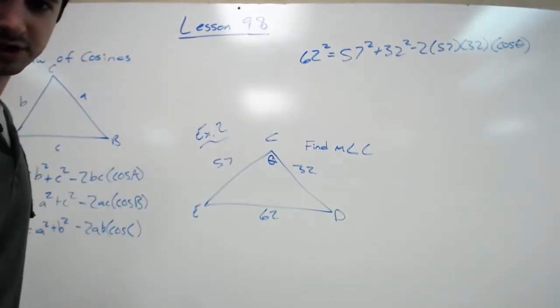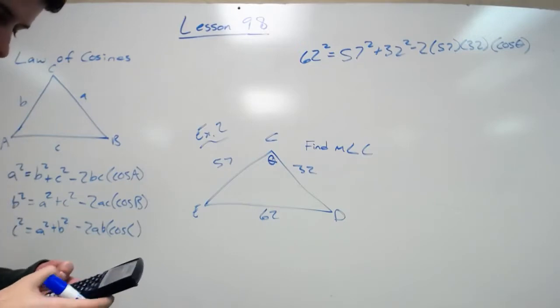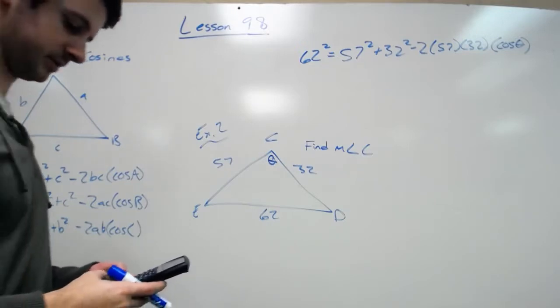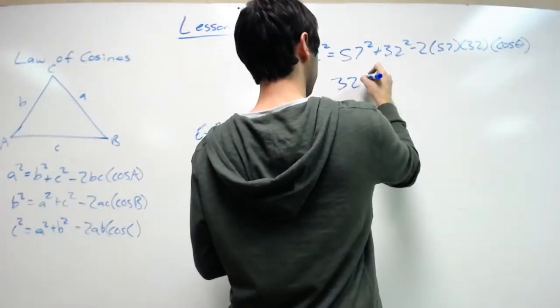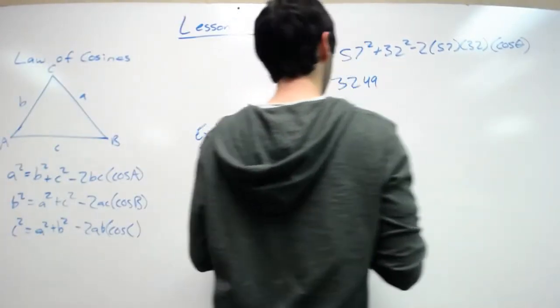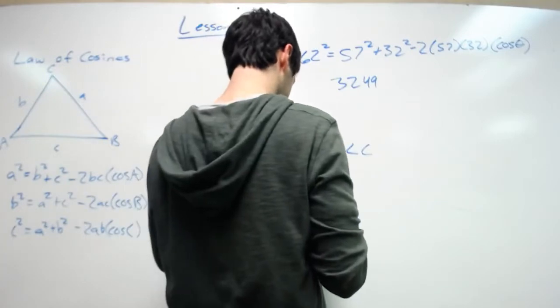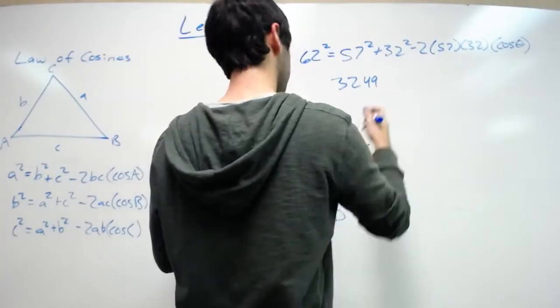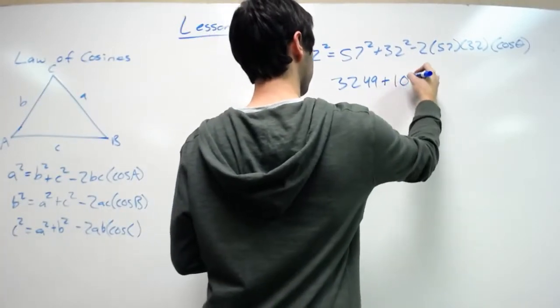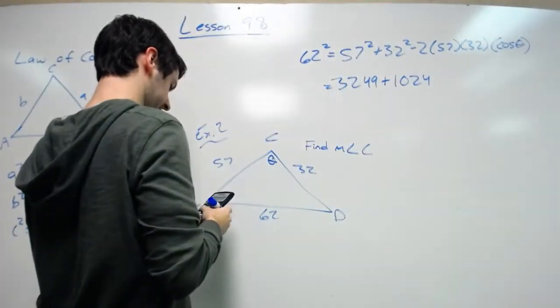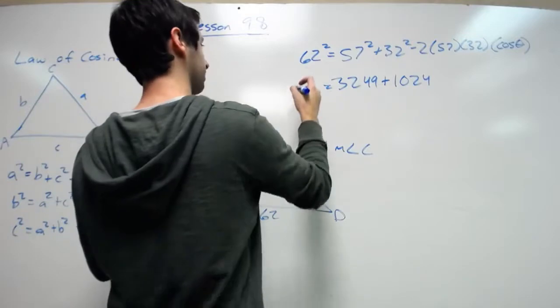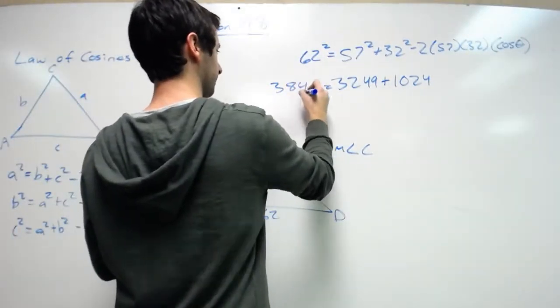And then we just start solving. So 57 squared is 3249. 32 squared is 1024. 62 squared is 3,844.